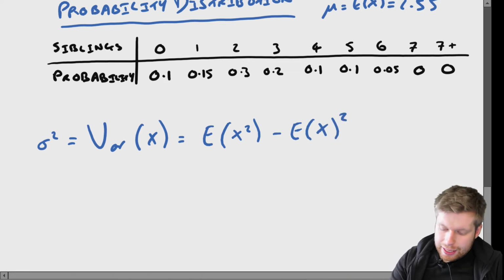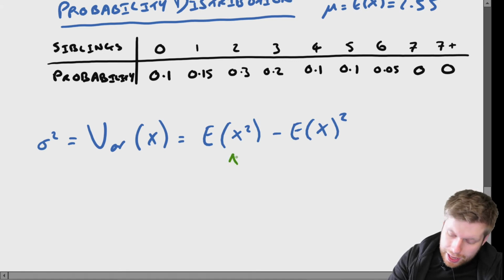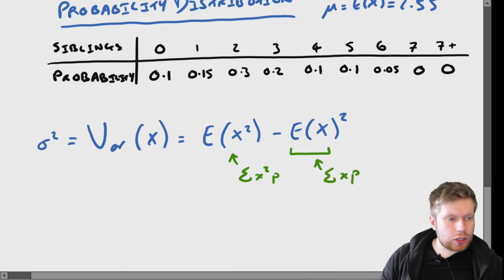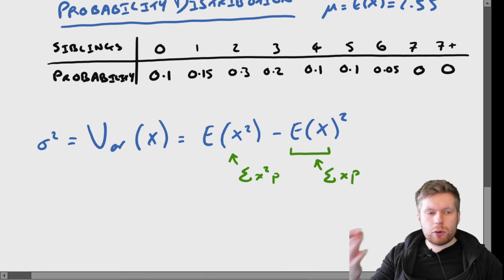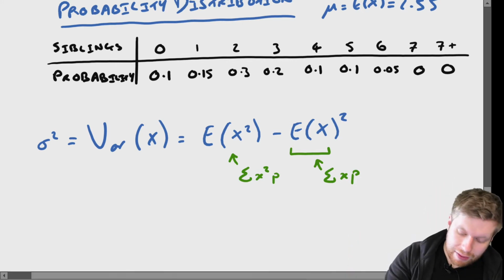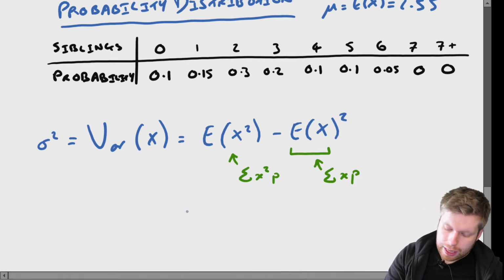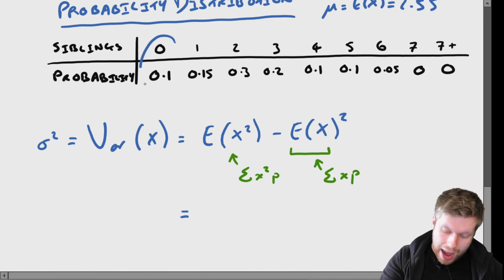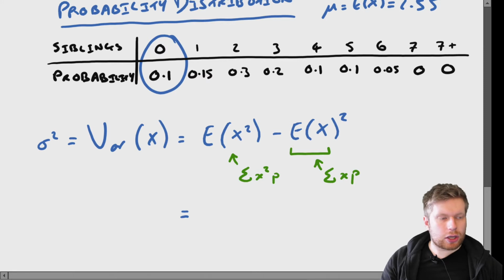Now, E of X squared should just be the sum of X squared times P. And obviously E of X we've already got is the sum of X times P. So it's no different here. We're just reusing what we've already got, and we're not having to come up with any new calculation. What I mean is E of X squared will just be the sum of the squares of these values times the associated probability.